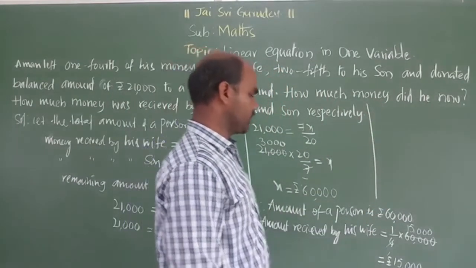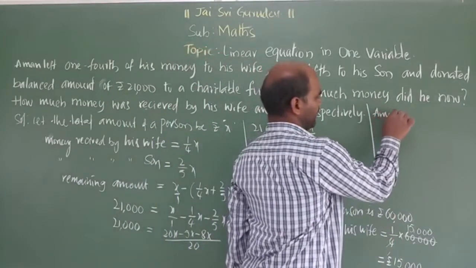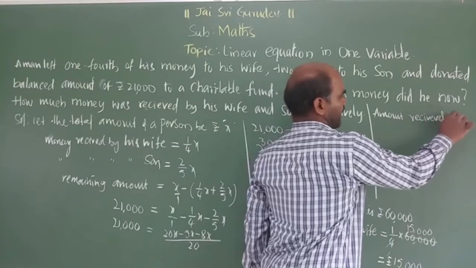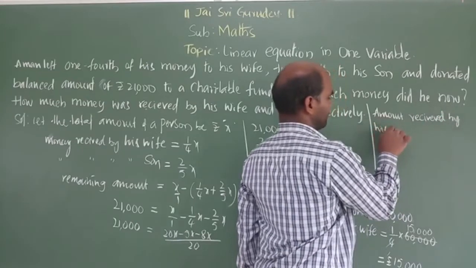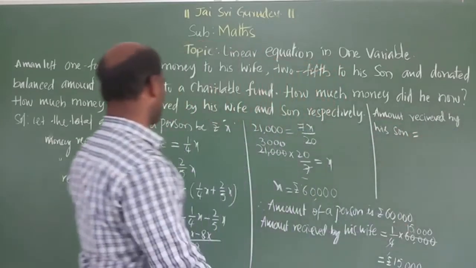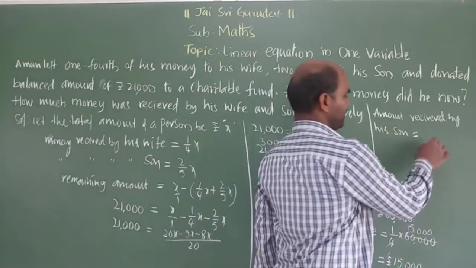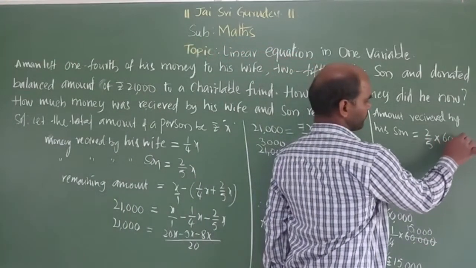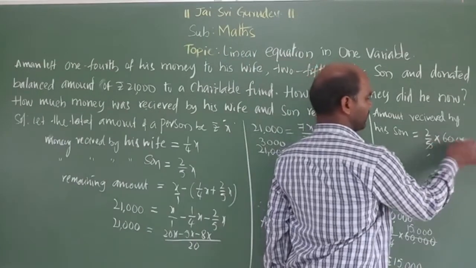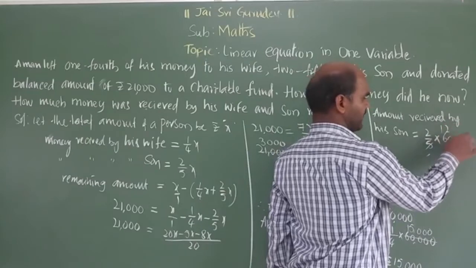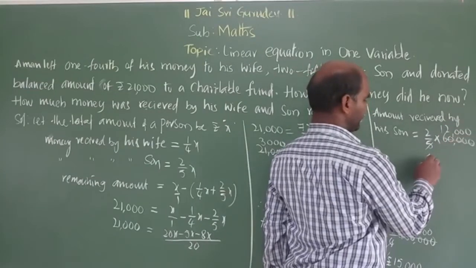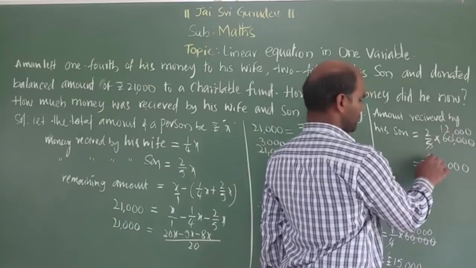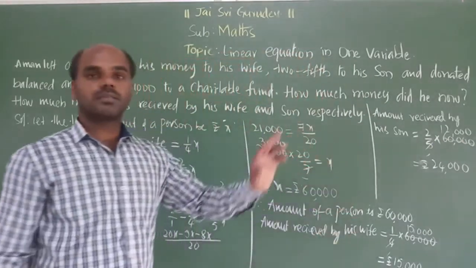So the amount received by his son is 2 by 5 into the x value, which is 60,000. 5 twelves are 60, then 3 zeros, so 12 twos are 24,000. So 24,000 rupees is the son's share.